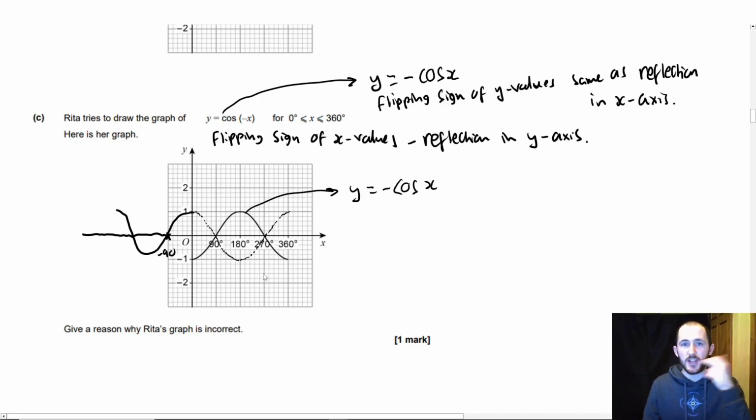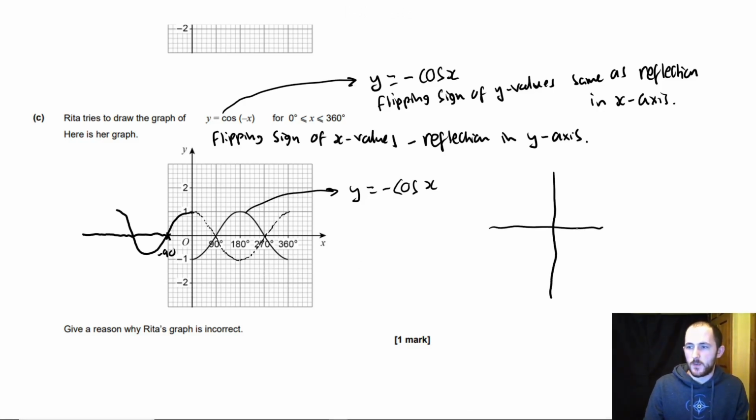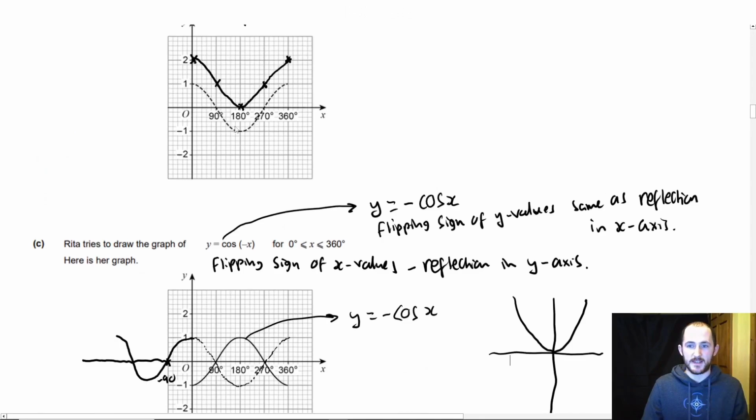It's like if I draw the x squared graph and I told you to reflect it in the y-axis, you would draw the same thing, because the negative x becomes positive x, and the positive x becomes negative x. It's symmetrical. It doesn't affect anything. So in actuality, she should have just drawn the exact same thing again.